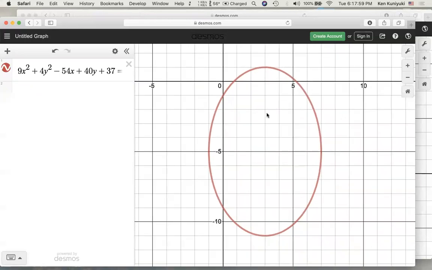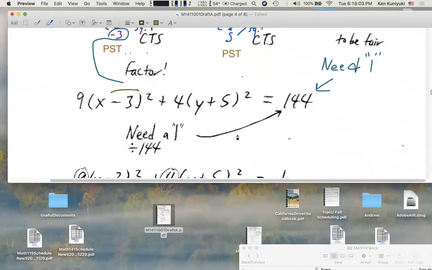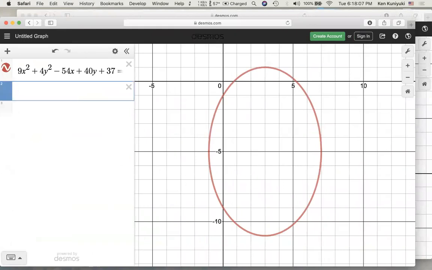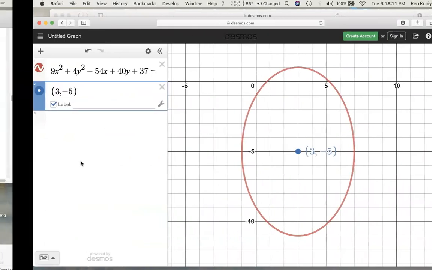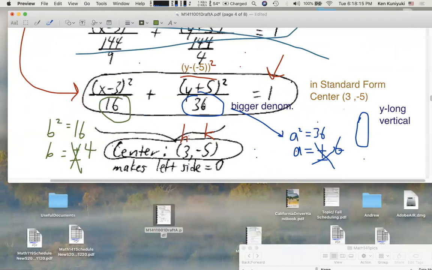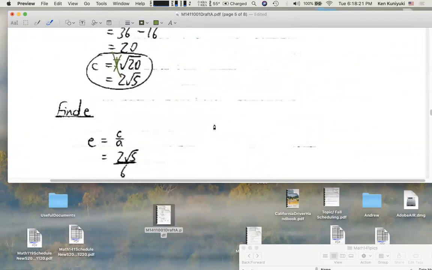Desmos does it. The center is at, what was it? 3, -5. All right, looks good. It's a y long ellipse, a vertical y long ellipse, because the bigger denominator was under the y stuff. We have all this information.